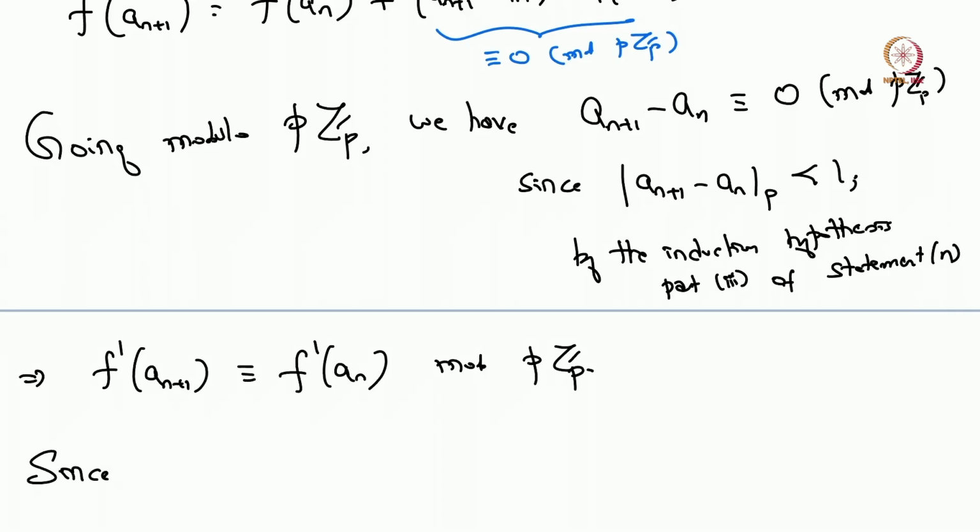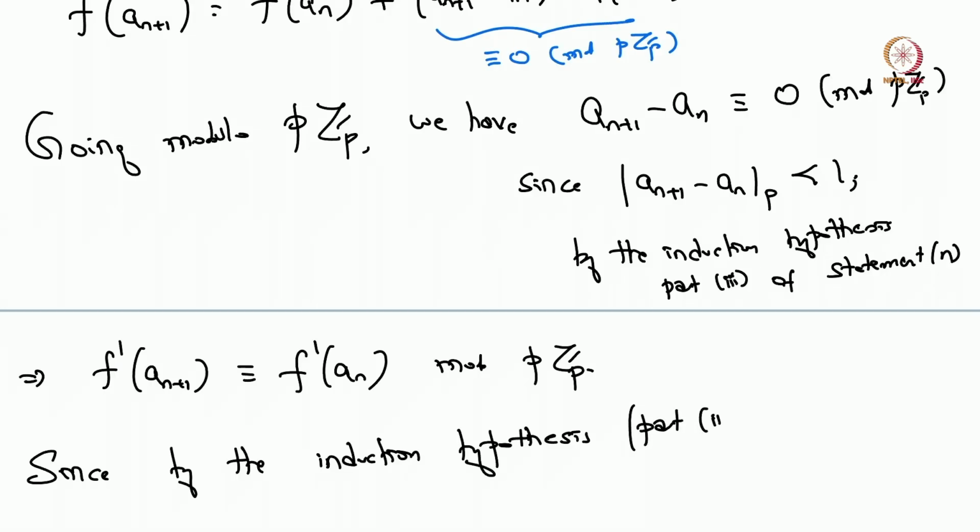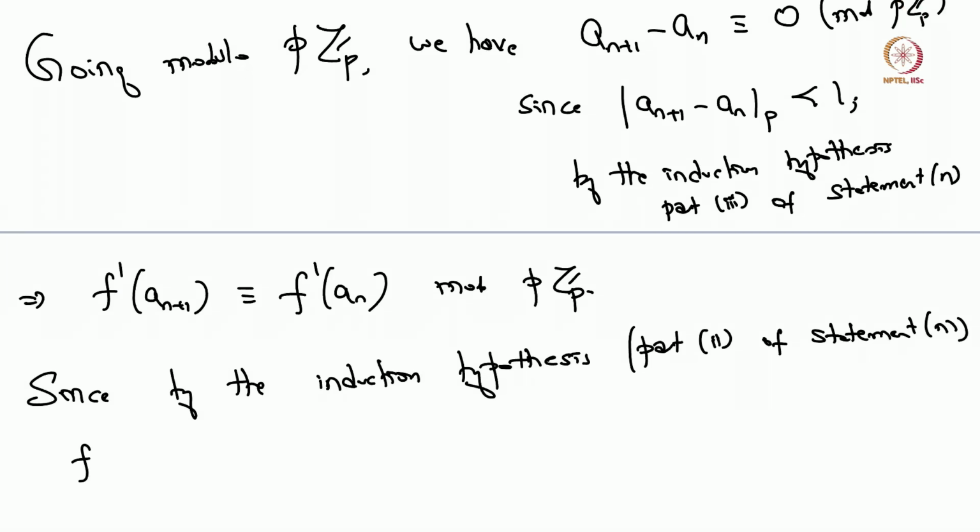Since by the induction hypothesis again, this is now part 2 of statement n, we have that f prime of a_n in p-adic absolute value equals 1. That's the same thing as saying that f prime of a_n does not belong to pZ_p.